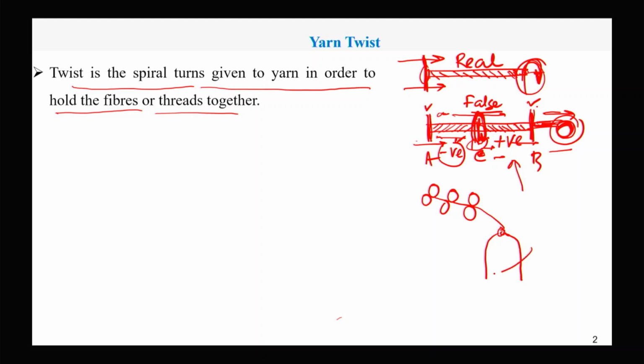So rotation of the flyer imparts the real twist in this strand, and in the other end, this end, there is no rotational motion, only linear delivery is taking place. That's why this twist is termed a real twist.